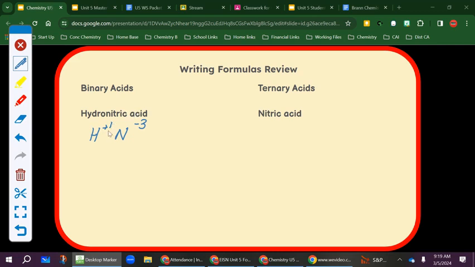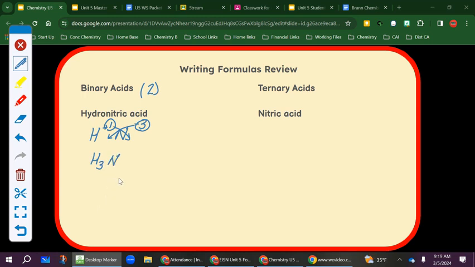This is a binary, meaning there are only two different elements. So there are no polyatomics involved yet. Okay? So we are going to do the crisscross method still. This 1 is going to end up by the nitrogen. I'm not going to put anything by it. This 3 ends up by the hydrogen. So our formula is H3N.